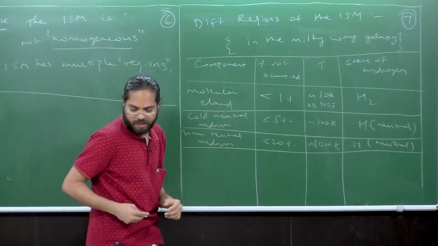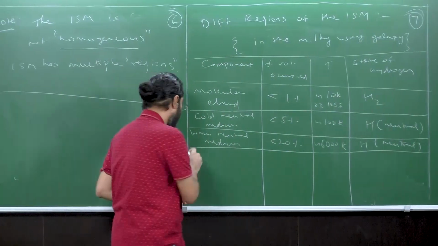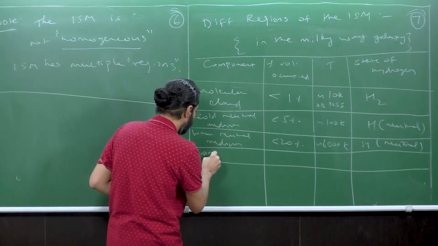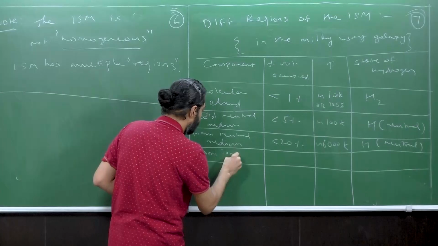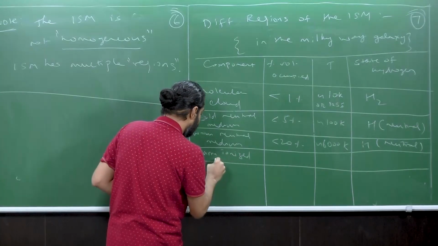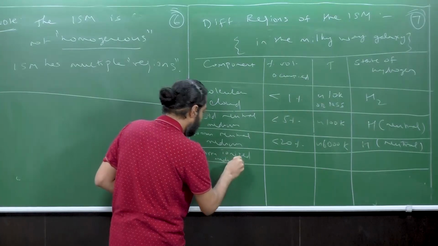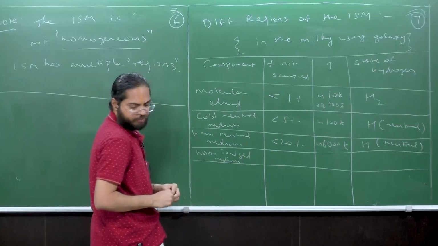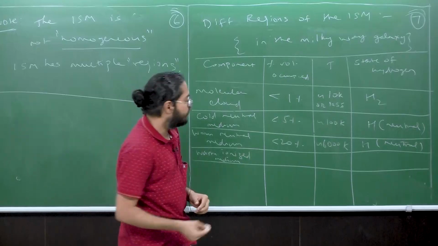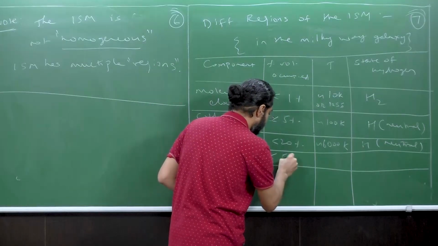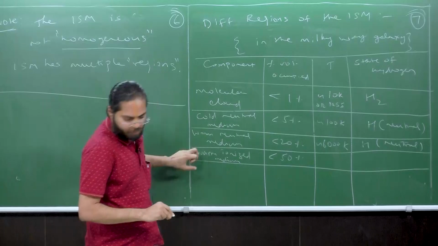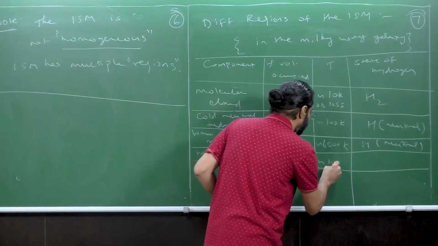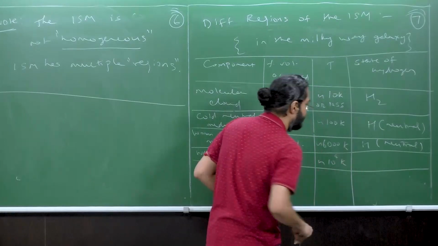Okay, the next region in the ISM that we are interested in is called the warm ionized medium. So this is the warm neutral medium, and this is the warm ionized medium. Now, this is less than 50%. In fact, this is the most dominant form in the ISM, and the temperature is roughly of the order of 10,000 Kelvin here.